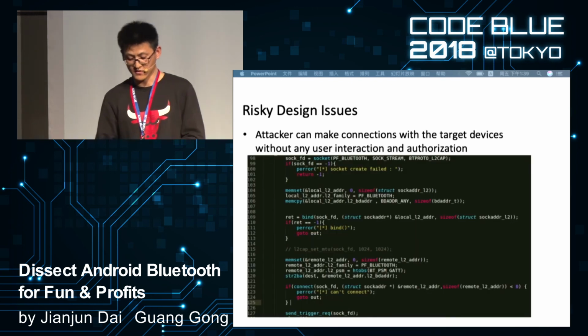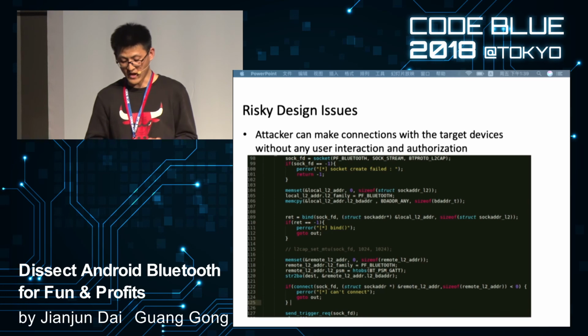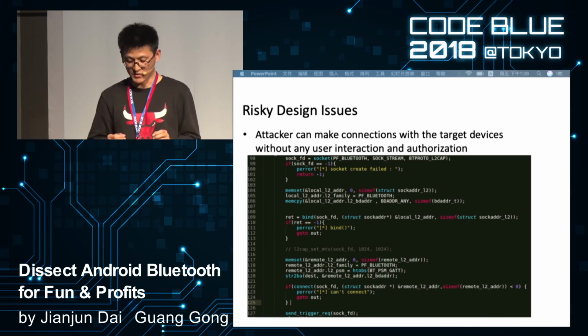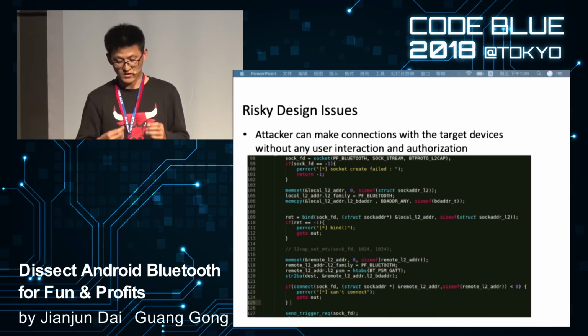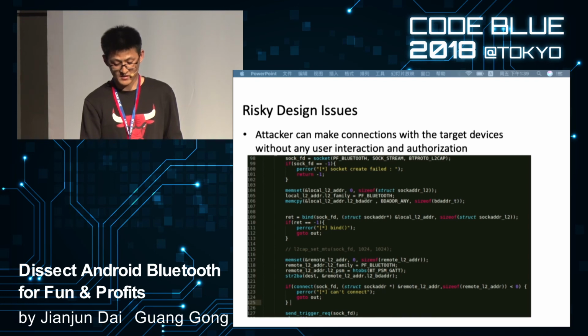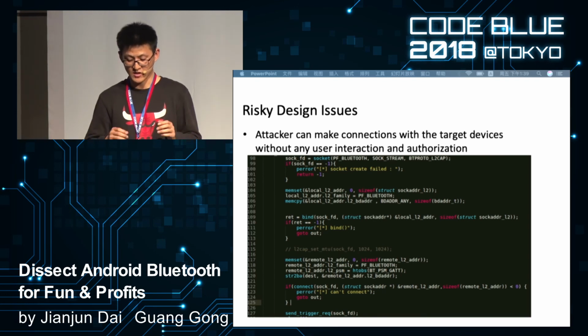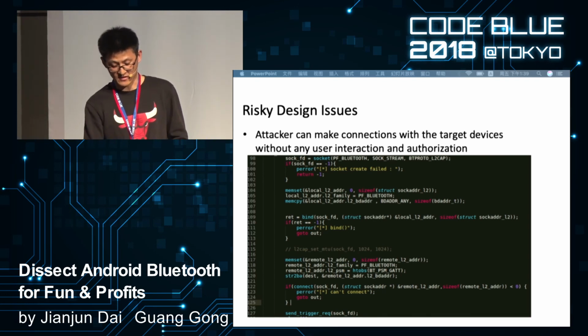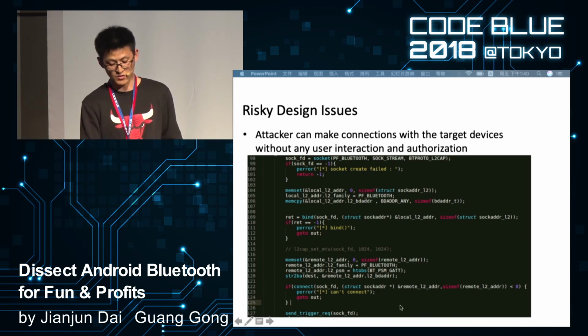In addition to these vulnerabilities, I also found some other security risks related to the design. First, an attacker can make connections with the target device without any user interaction and authorization. As the code shows above, after creating a socket to the target device, it sends data to the target device directly.